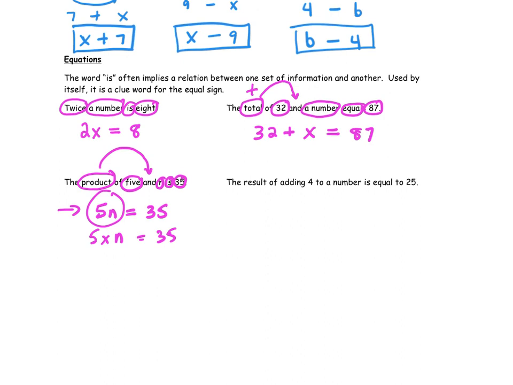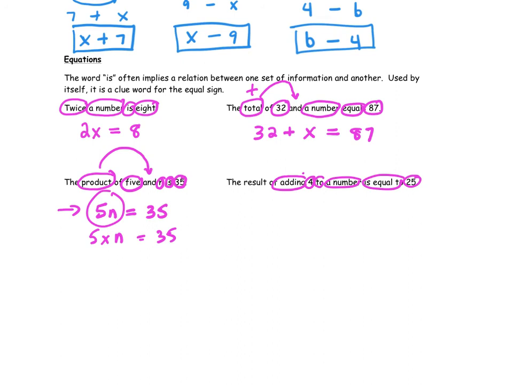Finally, the result of adding 4 to a number is equal to 25. So the result of adding, so we're adding 4, but they mentioned adding 4 to a number. So adding to a number is equal to 25.